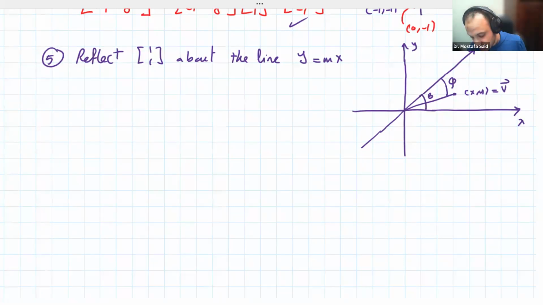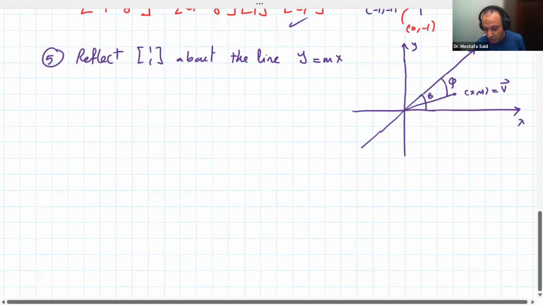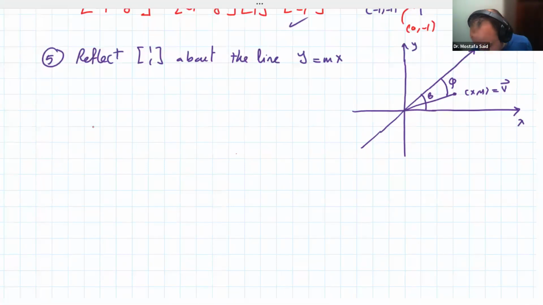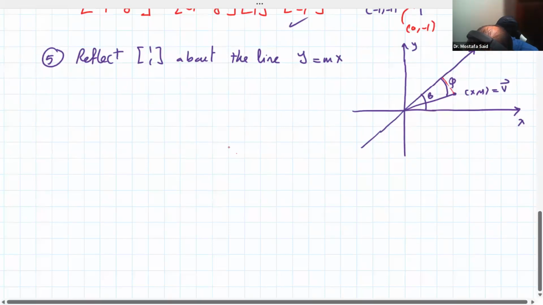Good. So what we want to do is to reflect about y equal to mx. What we do in reflection is make a perpendicular line, like that, and we extend it with the same distance. That distance should be equal to that distance here. And that will be this red line here.